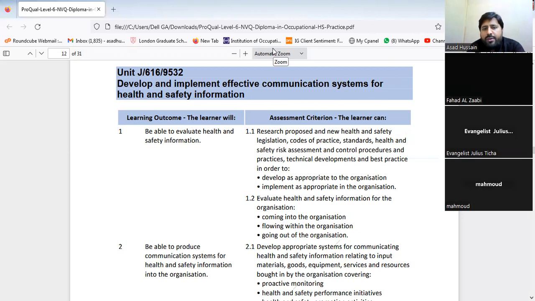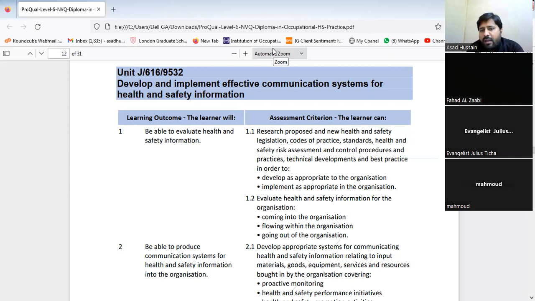Okay, now moving forward to 1.2, evaluate health and safety information for the organization: coming into the organization, flowing within the organization, and going out of the organization. So here, you can see that there are three types of information running in the organization. The first is that we are receiving information from somewhere.